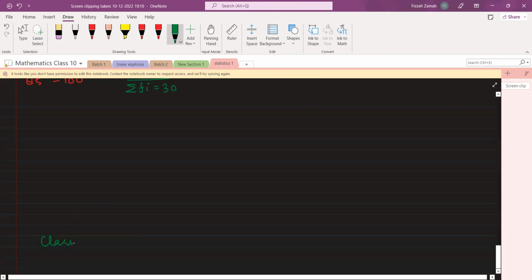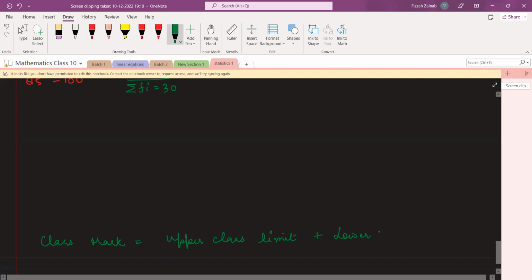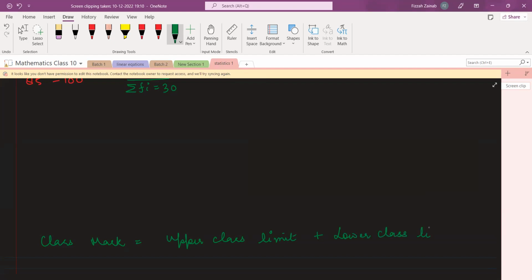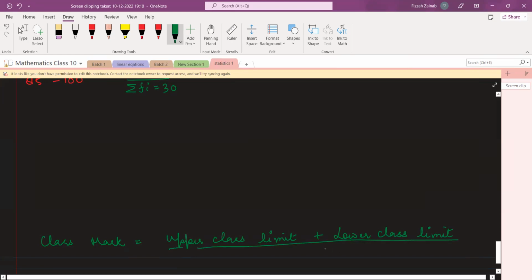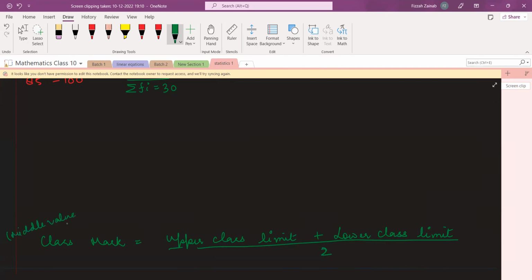So you write class mark is equal to upper class limit plus lower class limit, divided by 2. In brackets, you can write it is just the middle value of the class, which is called class mark.